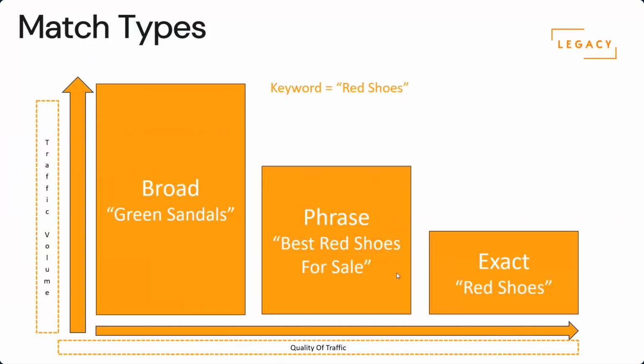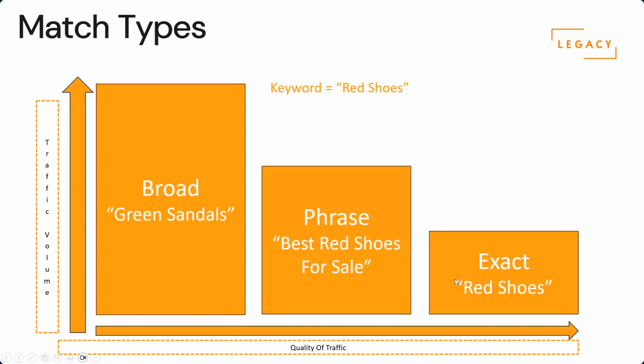In terms of the actual keywords that you're bidding on, it's really simple stuff. It has to be all about showing ads that are super related to your products and services. Google has a number of different match types, going from exact back to broad.